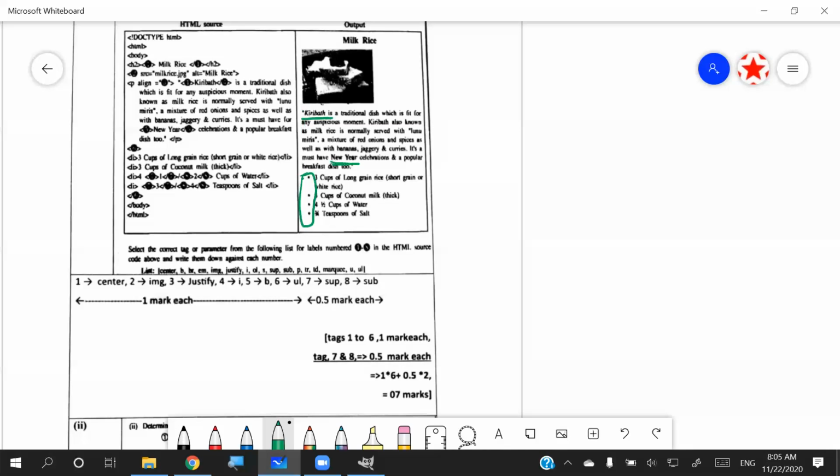And there is something to do with the superscript, which is SUP. So SUP comes to which place?